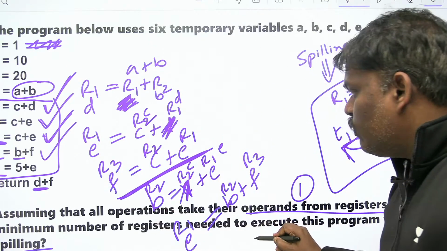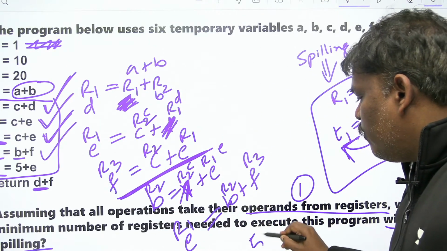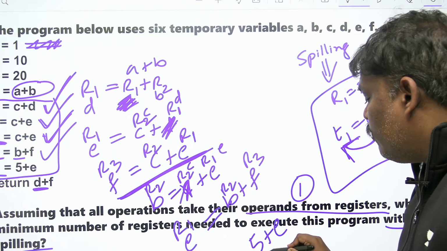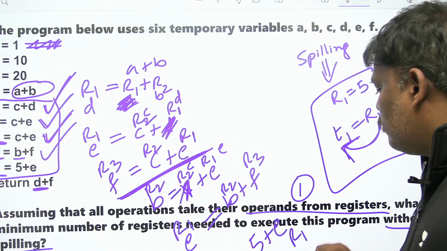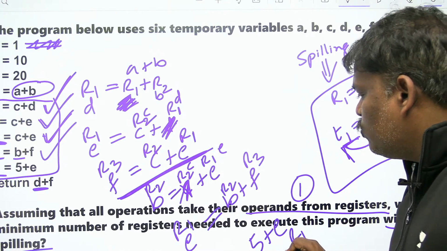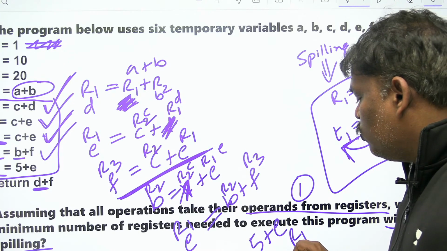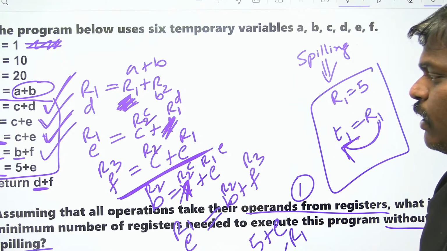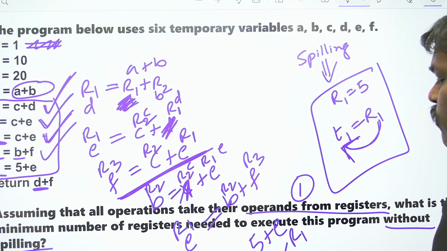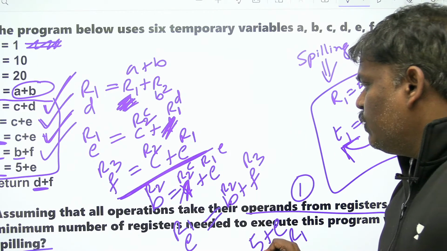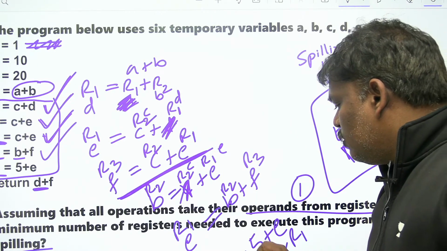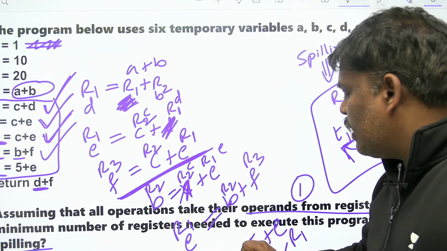Now what is the next one? 5 plus E. Remember 5 plus E means R1. Can I use R2 here? Is B coming further? No. B is not coming further. You can use it happily. Which will go to D. Can I use R3?